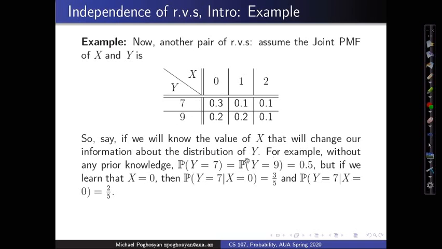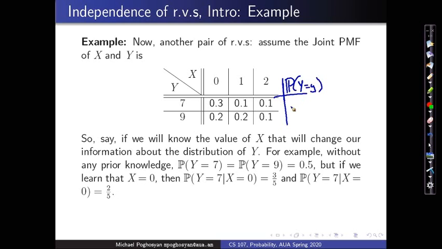Even more, without any prior knowledge about the value of x, we can calculate the probabilities for y of taking these values 7 and 9. That is, I'm calculating the marginal distribution of y.